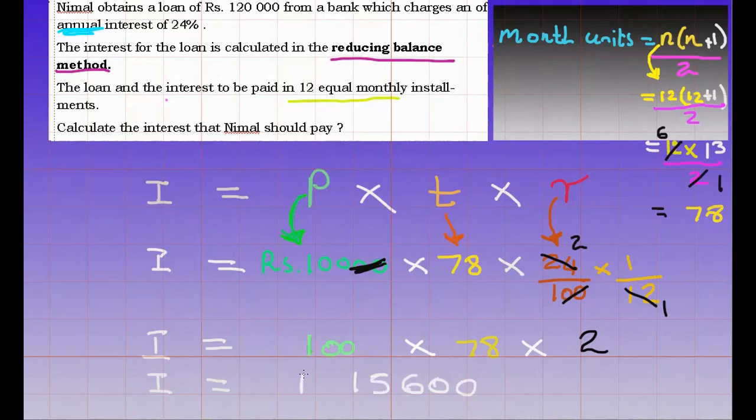So what does that mean? In the process of settling the loan, what's the total interest Nimal has to pay to the bank? It is rupees 15,600. That's the total interest amount Nimal has to pay to the bank in the process of settling the loan. I hope it makes sense.